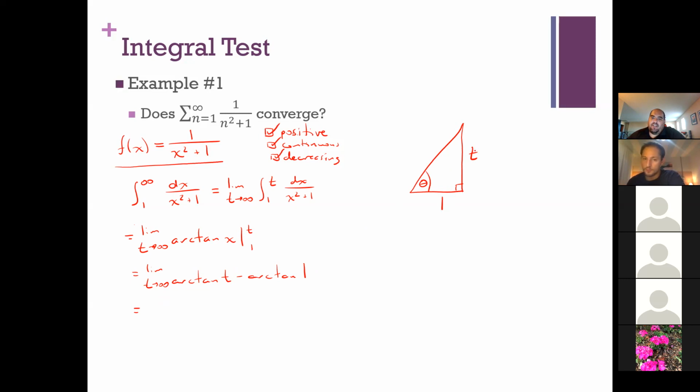As t gets really, really large, what's going to happen to theta? What's theta going to approach? 90 degrees, or pi over 2. And arctangent of 1 is pi over 4.